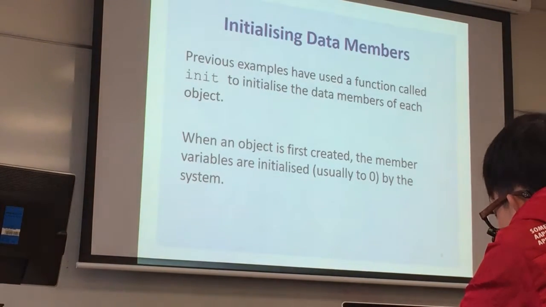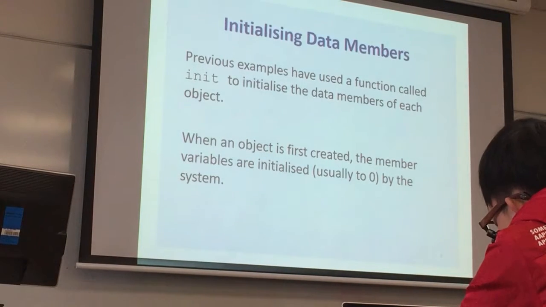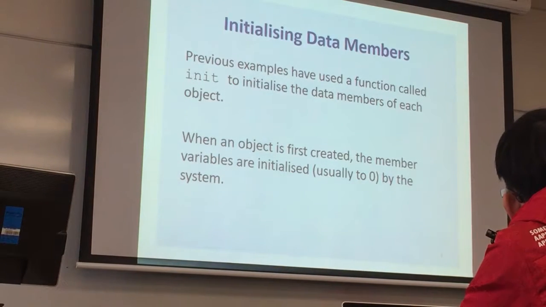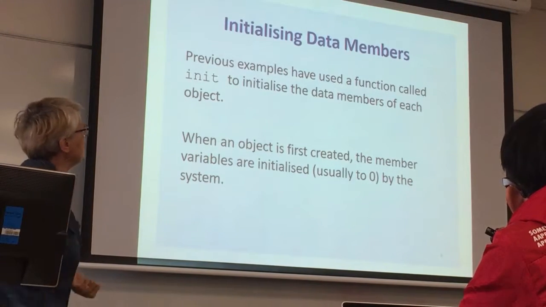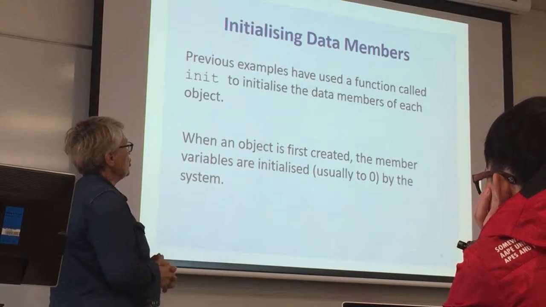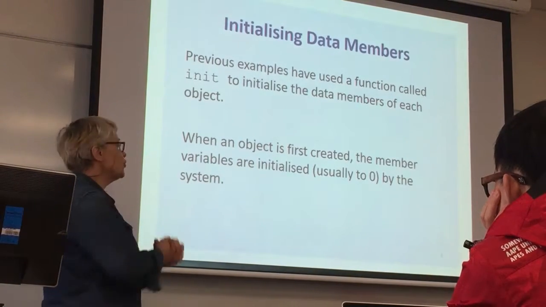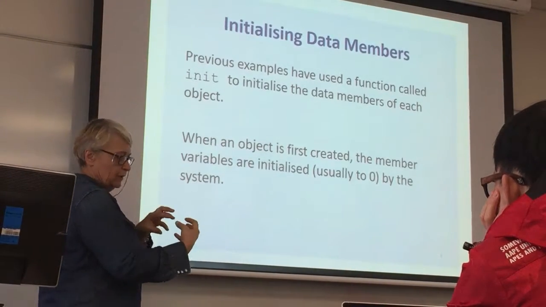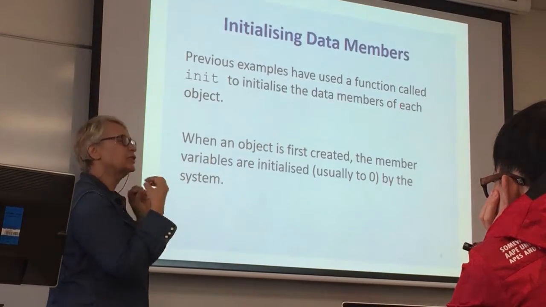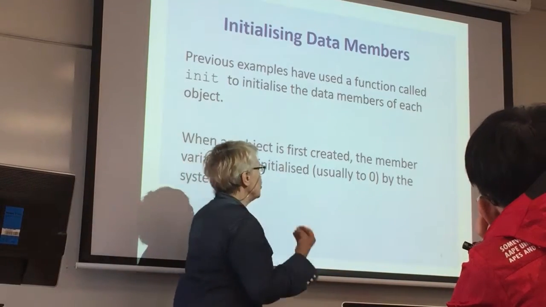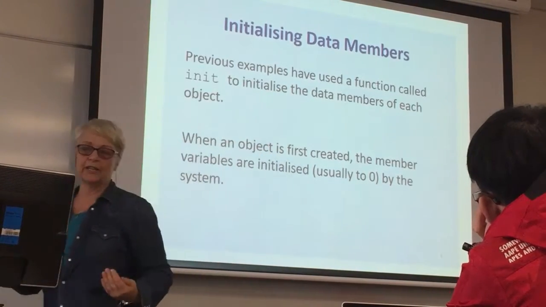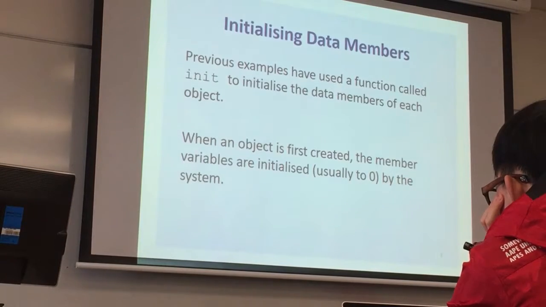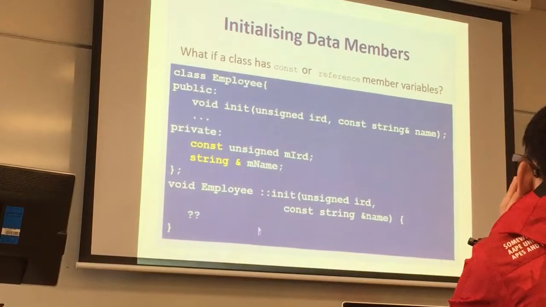So initialization is very common, and because of this, the C++ language has decided if you don't initialize with C++ tools, the system provides you default initialization for your data. What does this mean?